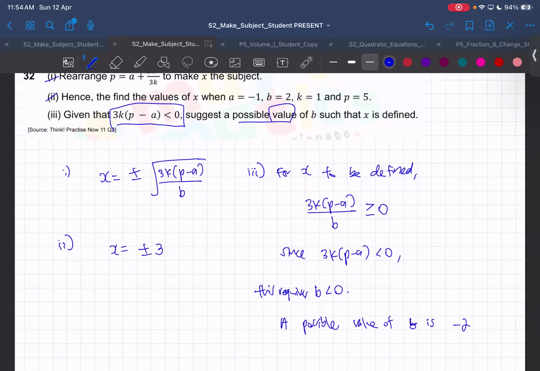You can say negative 3, negative 4 also can. Just a negative number. As long as you understand why b is less than 0, you are more or less good. Do you want me to repeat how I get b is less than 0?